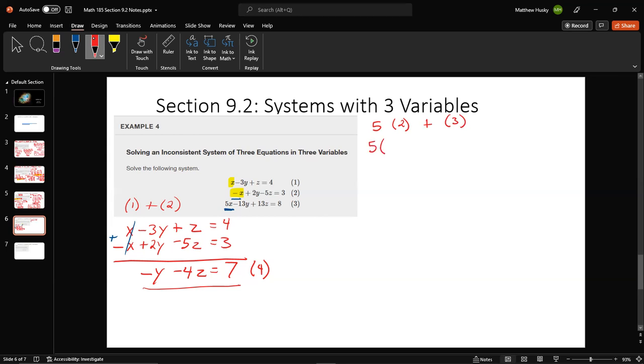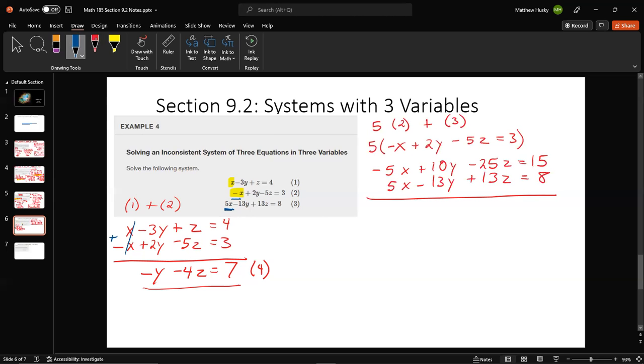Equation 2, we're going to do 5 times equation 2. So that's -x plus 2y minus 5z equals 3. Everything gets multiplied by 5. So that's negative 5x plus 10y minus 25z equals 15. The bottom equation, number 3, that's going to be 5x minus 13y plus 13z equals 8.